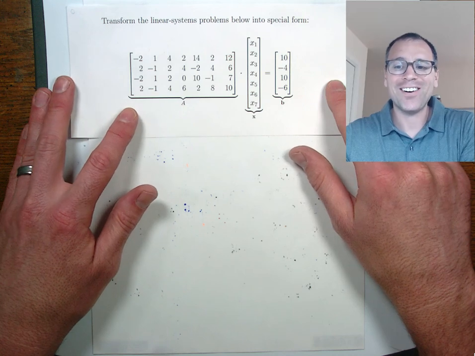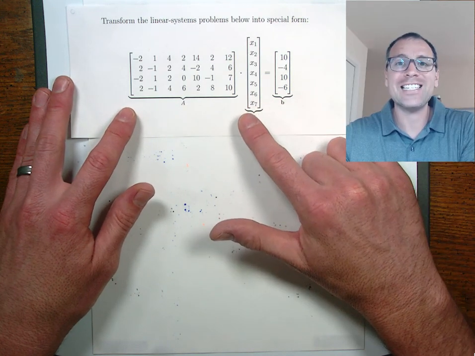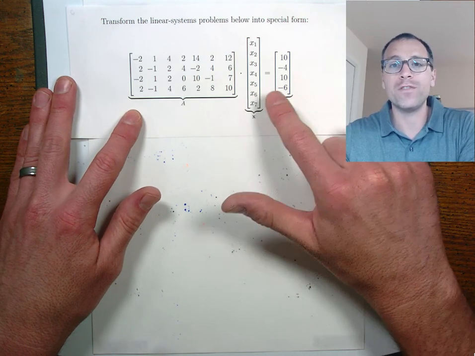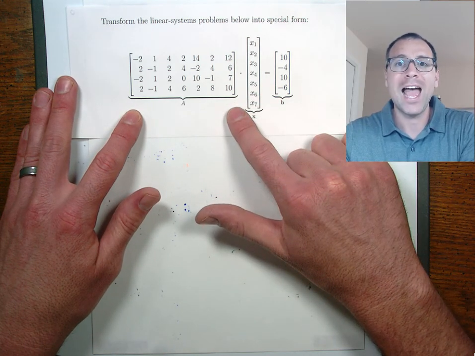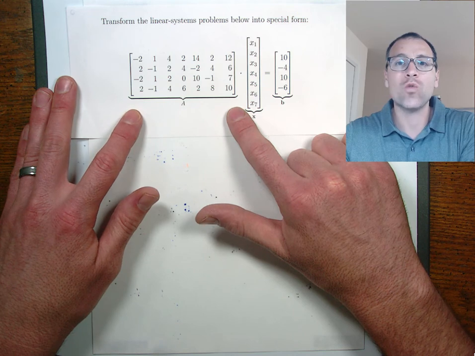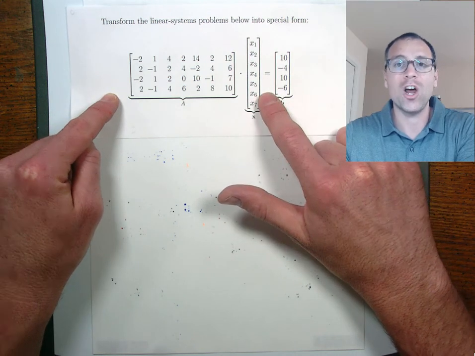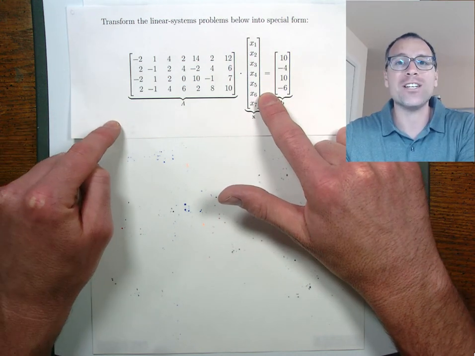Welcome back, y'all. In this example, we're going to look at a second version of reducing a toy matrix involved in a general linear systems problem down to reduced row echelon form by multiplying the entire linear systems equation on the left by a sequence of matrices.